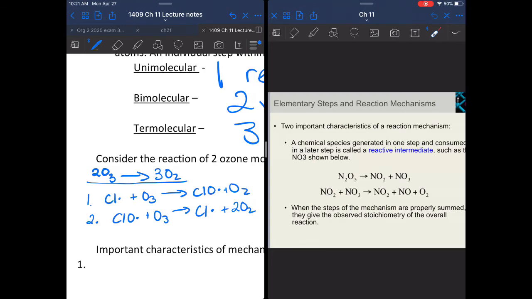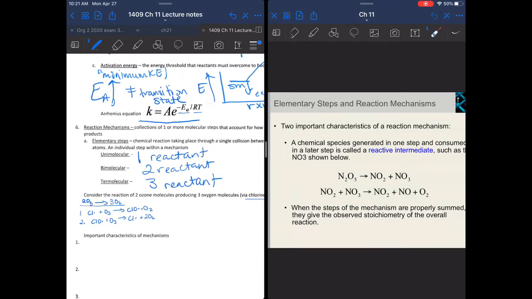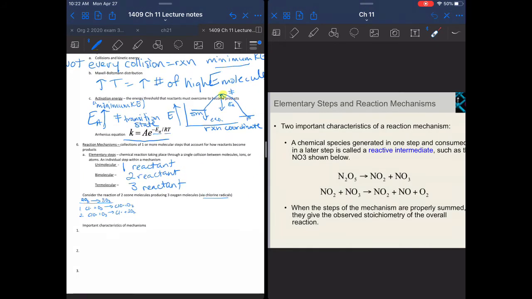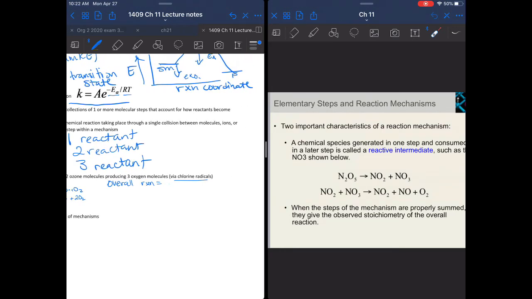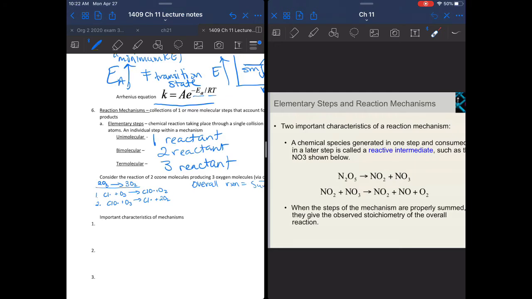The overall reaction is equal to the sum of the elementary steps. So think about it like with Hess's law: we're going to add these 2 equations together, and we should get the overall.